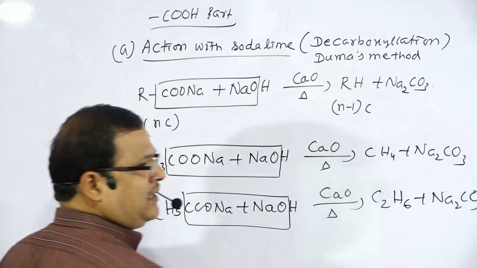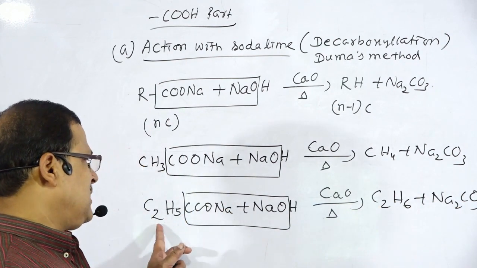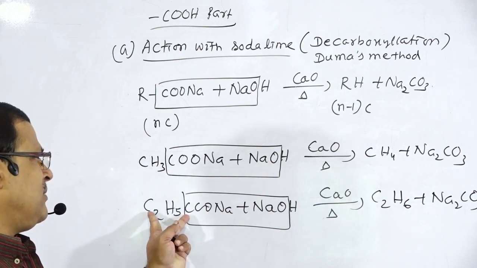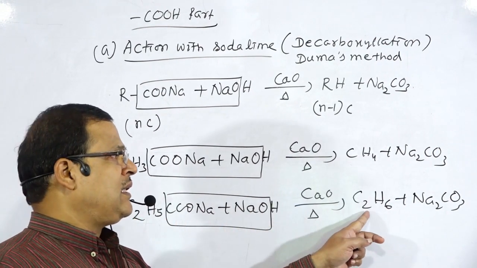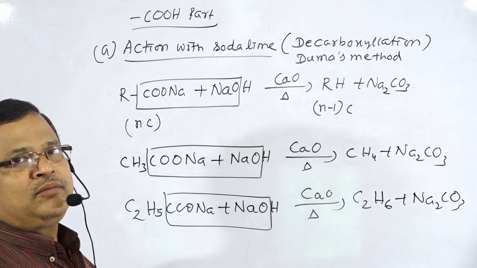There is the formation of ethane, which means one carbon atom less. This compound contains 3 carbon atoms, but the alkane so formed contains only 2 carbon atoms.